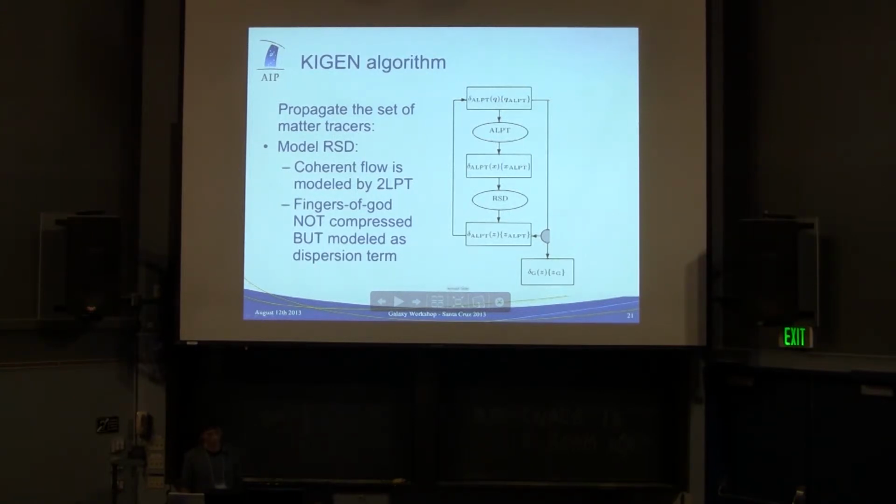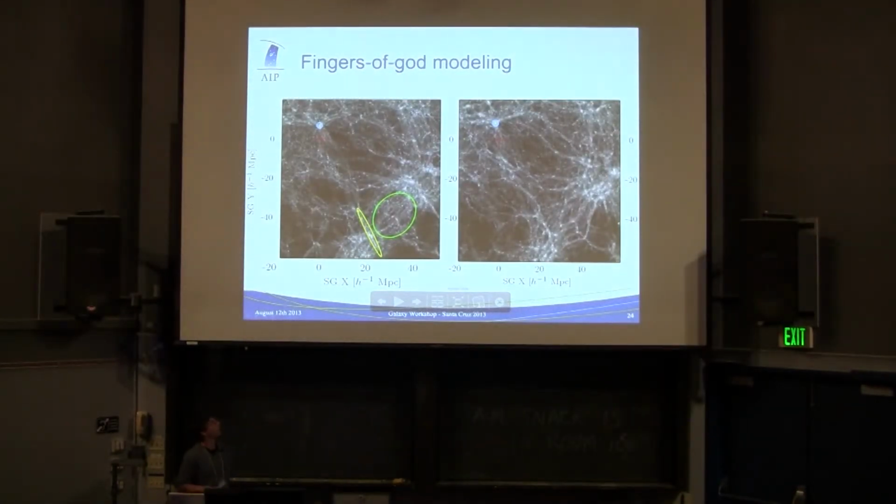This didn't work out quite so well. So I do not want to go into detail here. Just let me mention that if you do the finger of God compression, especially in a local universe, you have as many problems as you see colors in this plot here. So what we do instead is we also model the fingers of God in a forward way. So we know the overdensities.